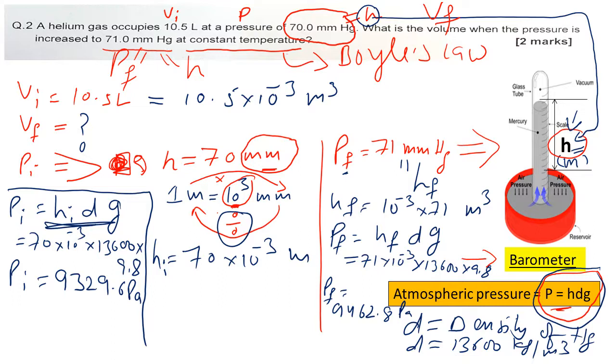So this pressure value will come 9462.8 Pascal. It will come in Pascal.